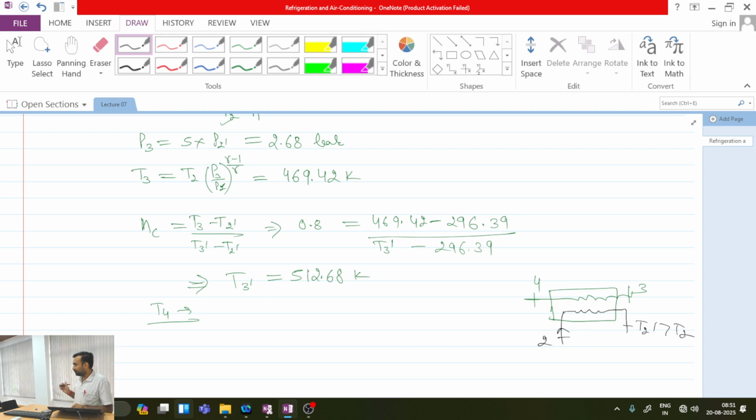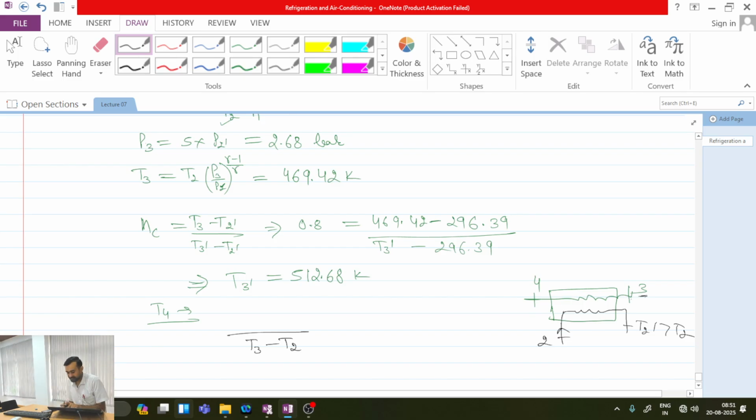T2. So it means that the hot stream, which is at T3, if the heat exchanger is 100% effective, can go down at most to the temperature T2. So the maximum decrease in temperature of the working fluid within the heat exchanger can be T3 minus T2.